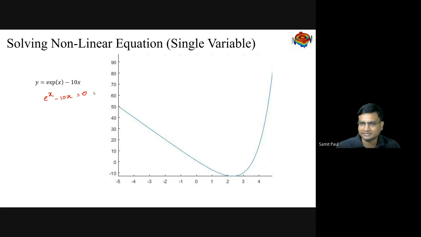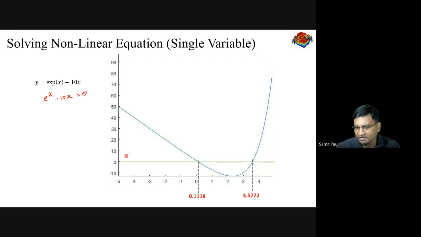There are many techniques. For example, the first one that we are going to demonstrate now is the bisection method. From the graph, we can see the solution is here. This is where the value of the function is 0.